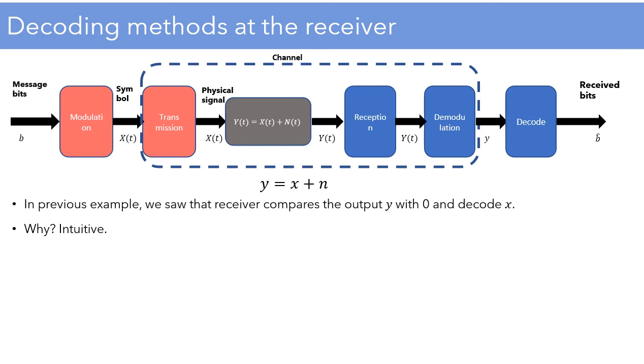Right, and similarly if the received is minus 0.2, then the thing is reversed, and you expect the transmitted signal to be minus 1. So exactly at the boundary 0, if y is 0, it is at the same distance from both x, right, and if it moves a little bit up and down, it comes closer to one of the symbols, and we try to decode that way.